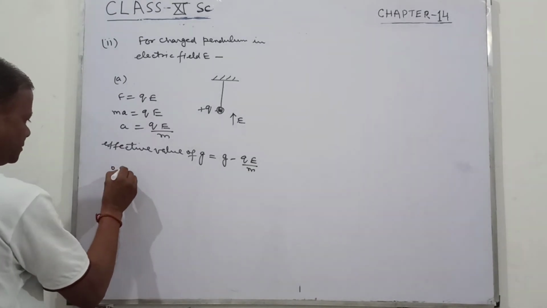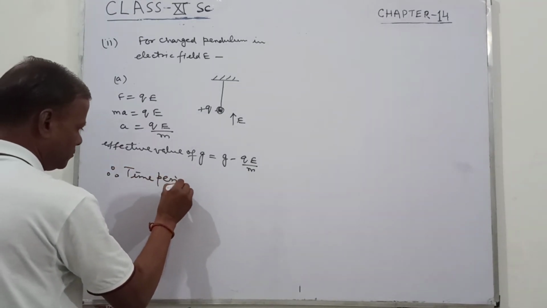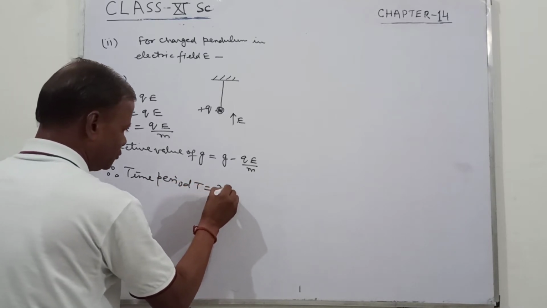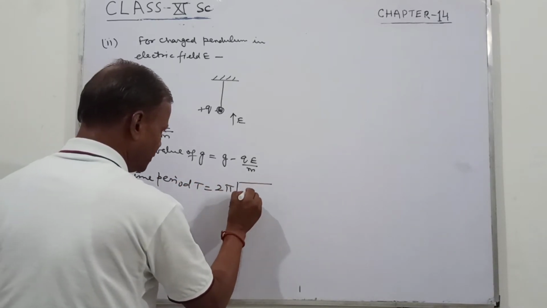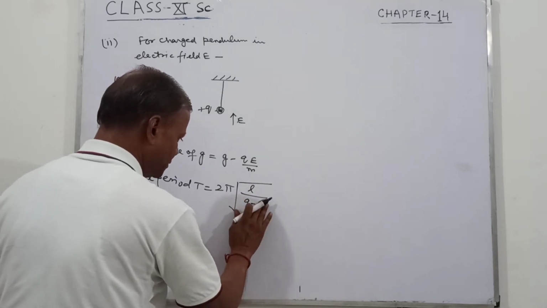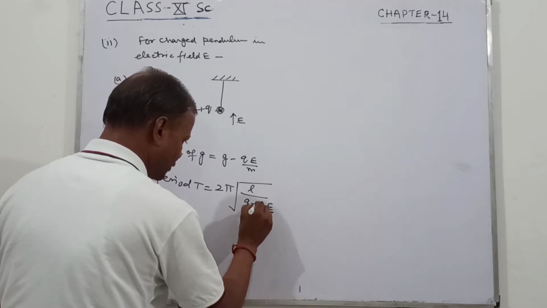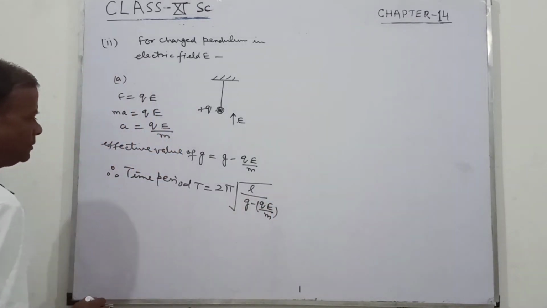Therefore, the time period T equal to 2 pi square root of L upon g minus QE upon m.